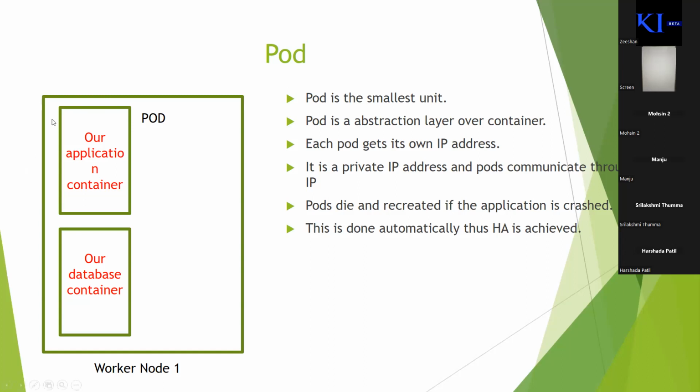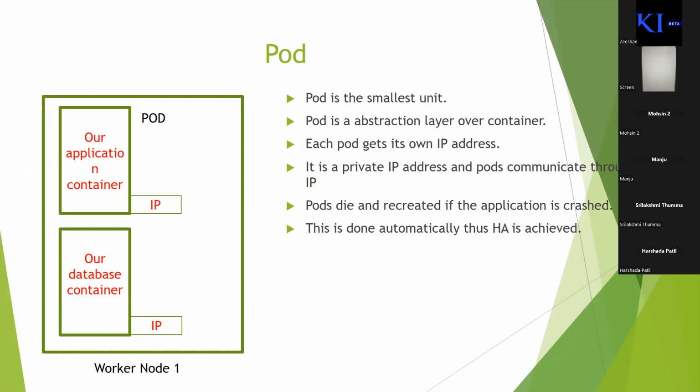Let's say this is our application pod, and this is our database pod. Both pods are running on our worker node. They can communicate with each other using IP addresses.